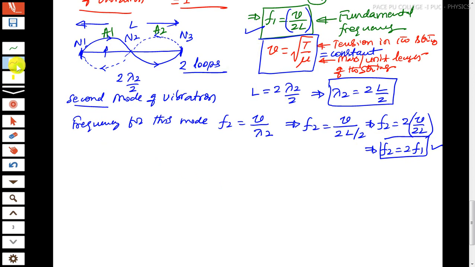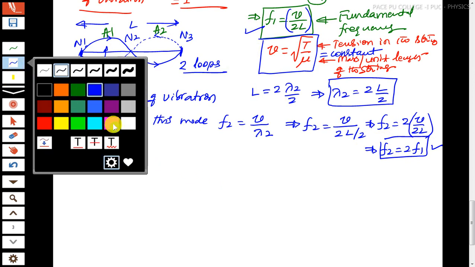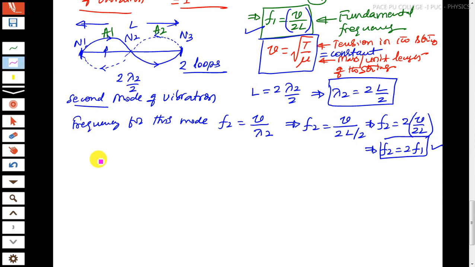Now we shall consider the third mode of vibration, where we will see 3 loops. The formation of 3 loops is visible. Again, I am considering the same string whose length is L. I am not altering the length. The length is still L. I will plug somewhere here. Then you will find the formation of 3 loops like this.